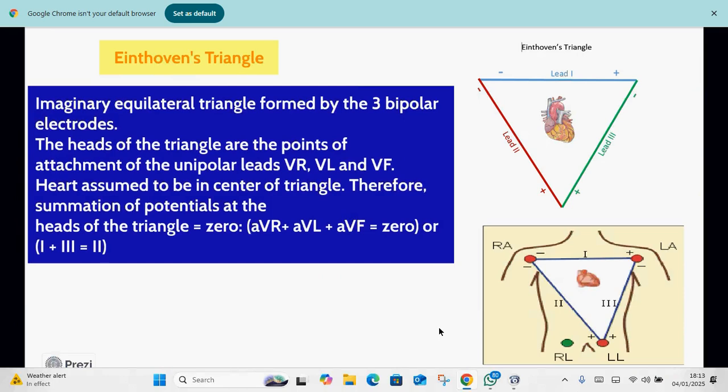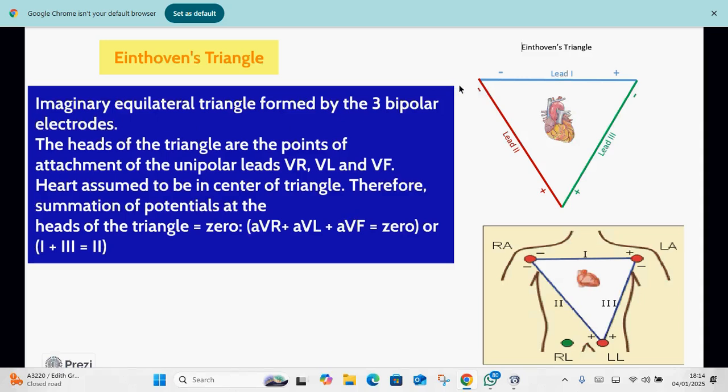Now we move to Einthoven's triangle. Einthoven's triangle is a triangle formed by the 3 bipolar leads: lead 1, lead 2, lead 3. The normal heart will be in the middle, right in the center of this triangle. The 3 angles of this triangle are equal, so it's an equilateral triangle.